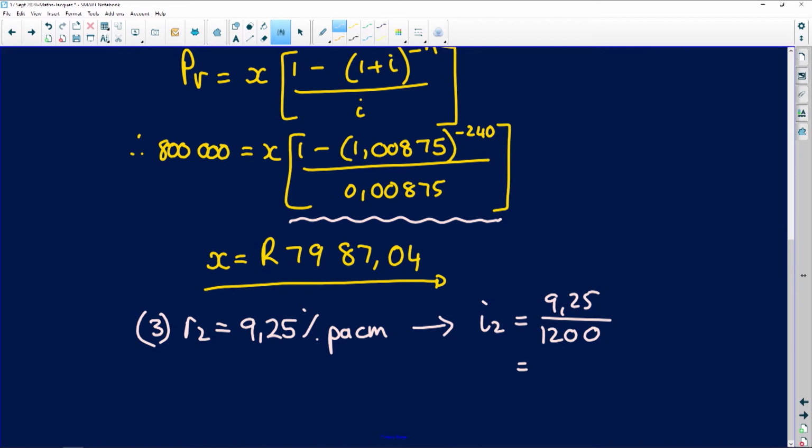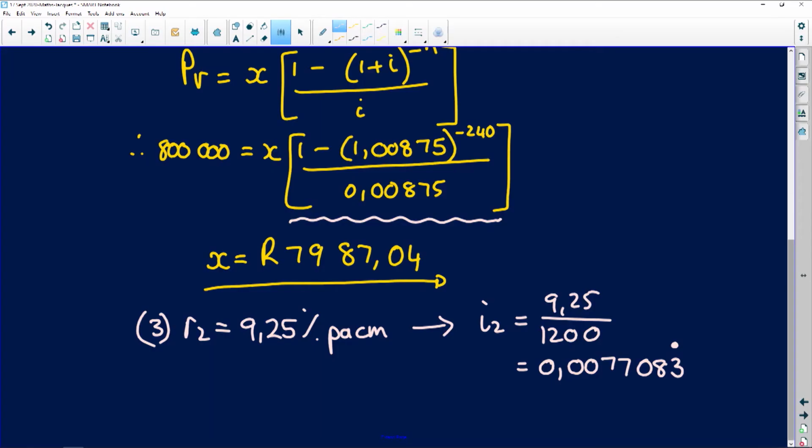So dividing by 1200 gives us a result of 0.0077083, and then the threes recur. It's an ugly number. But when you put that into your calculator, just keep on recurring the threes 5 or 6 times so that you don't treat it as if you're rounding it off.